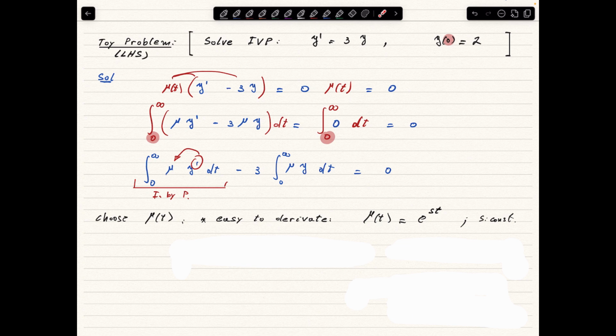But also we have integrals from 0 to infinity. This integral may diverge if we choose an increasing exponential. The exponential is going to make everything worse.